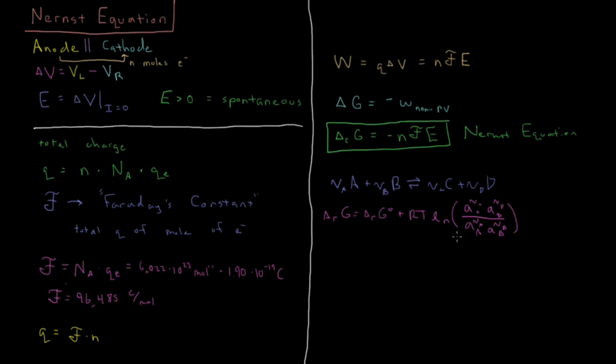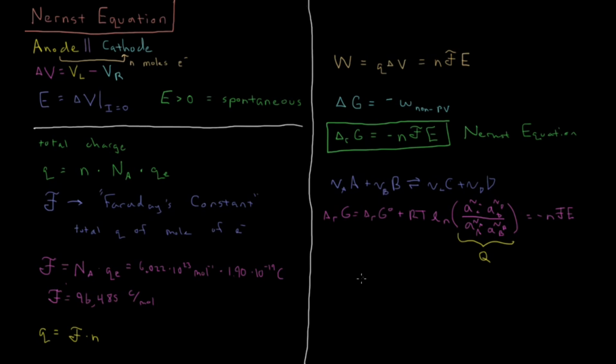So that's our Gibbs energy, but we know that that's equal to minus nFE. So now we can relate that to the E of our cell, defining this quantity here again to be Q, our reaction quotient.